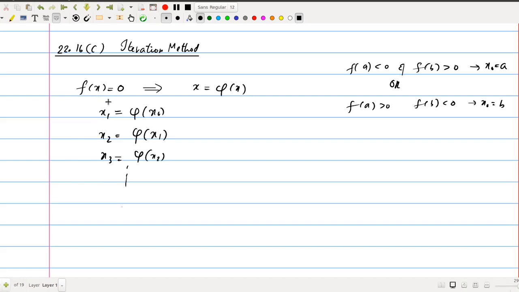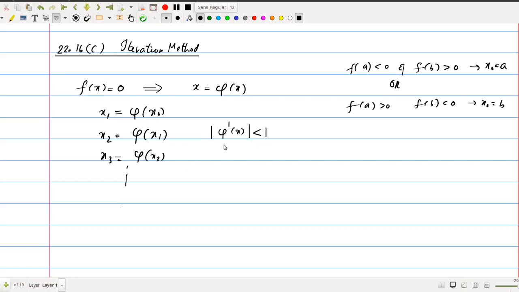The only thing you need to remember is that if you are given a function f of x, there are several ways to write x equal to phi of x, but you need to remember that phi dash of x should be less than 1 to carry out this iteration method.